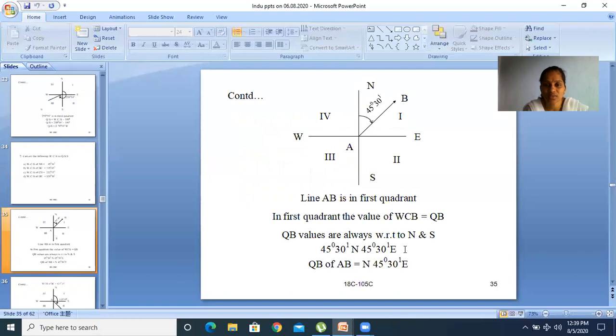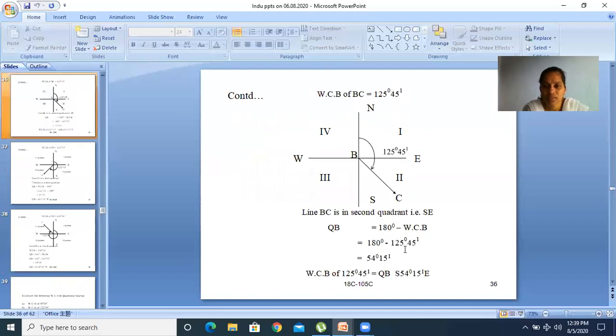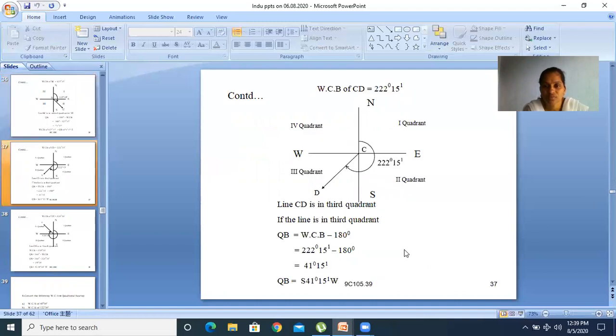First sum. Line AB is in the first quadrant. Line BC is in the second quadrant. The quadrant is SE, that is southeast. The CD line is in the third quadrant. You know the rule for conversion.